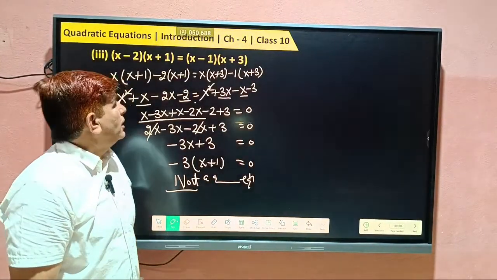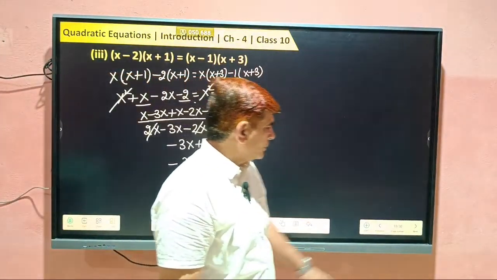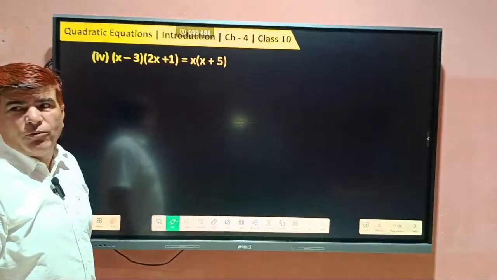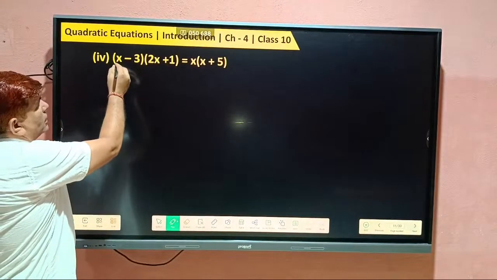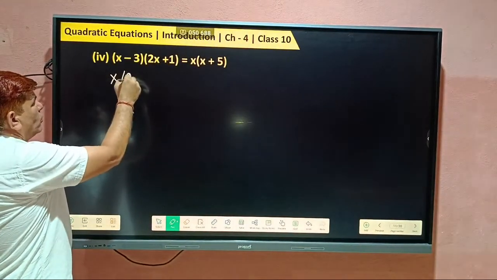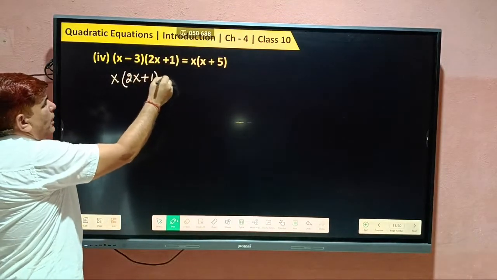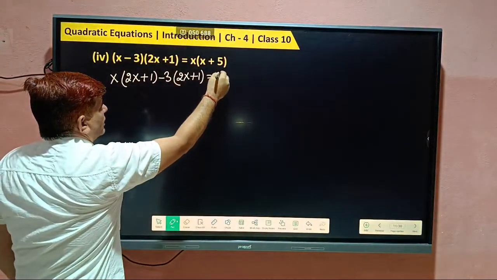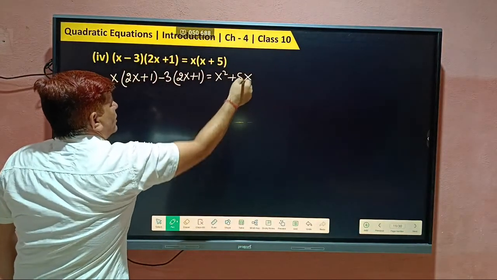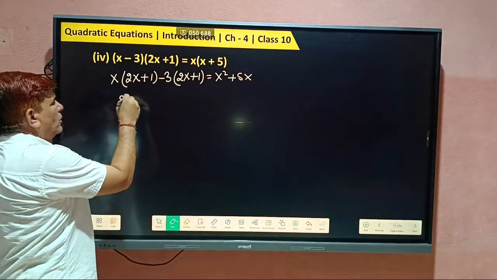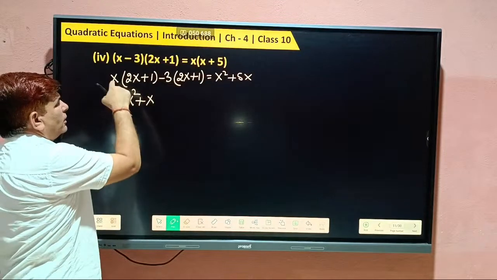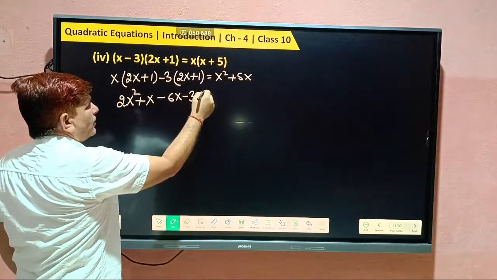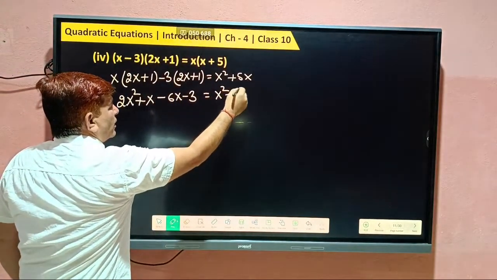So simple are these calculations. The third part is this. The fourth part is also the same; in the same way you have to solve. x common: x(2x + 1) − 3(2x + 1) = x² + 5x. Multiplying, 2x² + x − 6x − 3 = x² + 5x.